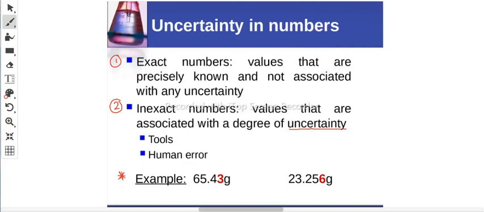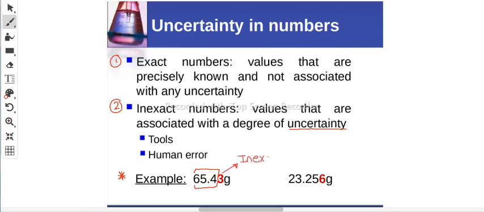I'm going now to label the exact number presented. Using the balance, I'm sure that 65.4, it is an exact. So this is an indication that this mass taken for the piece of wood or anything that we have, it is exact. Where is my inexact number? It is the last decimal reading. So the 3 here, it is my inexact number.